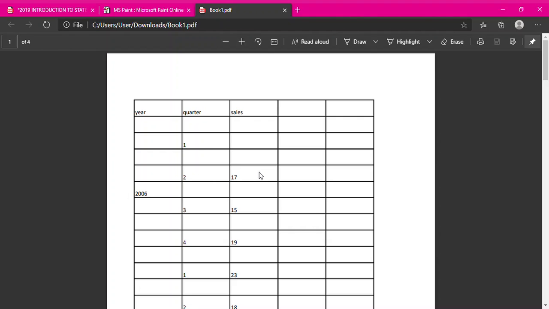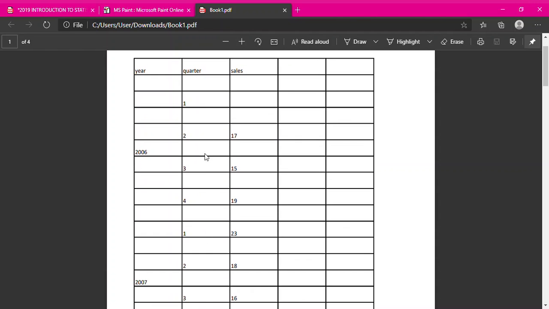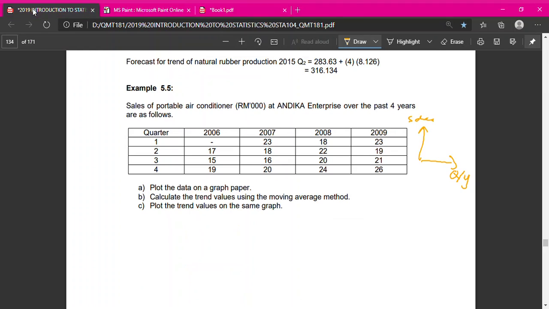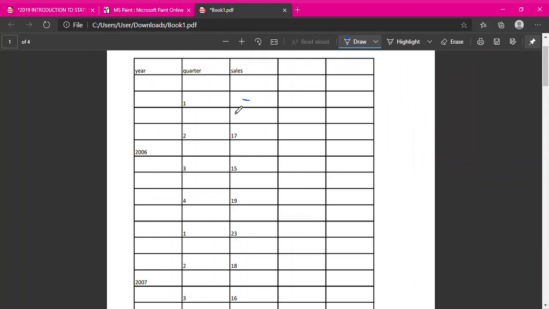Okay, make sure buat selang-seli. Okay, alternate of this. So, value dekat sini 0. Dekat sini 0. Tak ada value. Okay, sebab tadi kan data kita dekat first quarter 2006 no value. Okay. Alright.